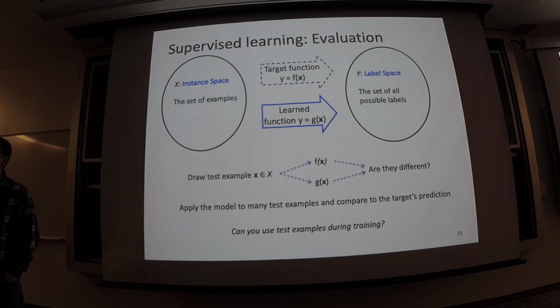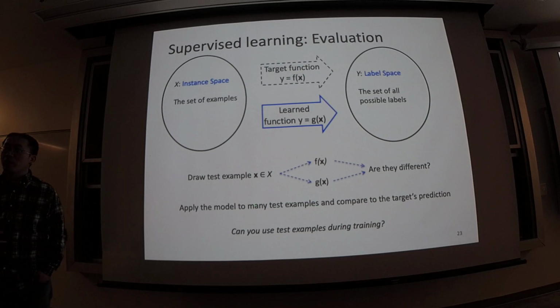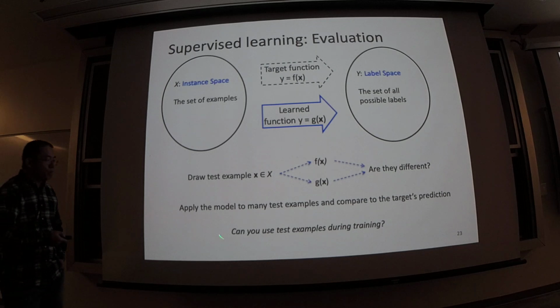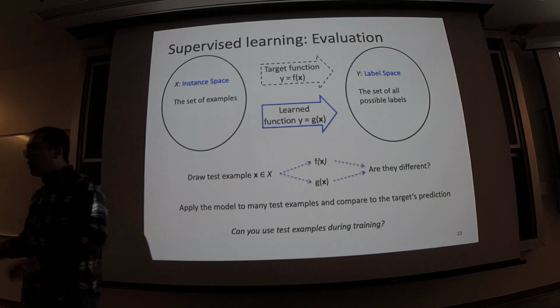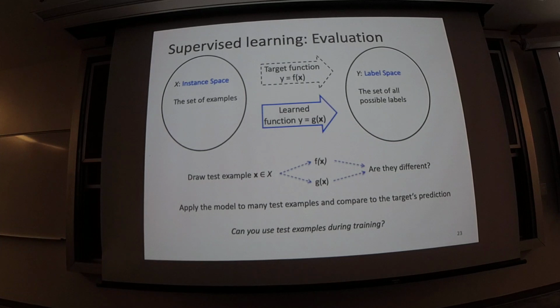So this is a very important principle. Never ever use a test example during the training. This is called cheating. Imagine that if I use test examples for training, I do not need to develop any algorithm. I just memorize all the test examples. Then my test accuracy will always be 100%, right? But can we conclude that our so-called learning algorithm performs very well?